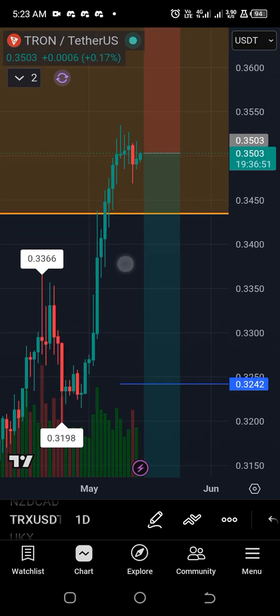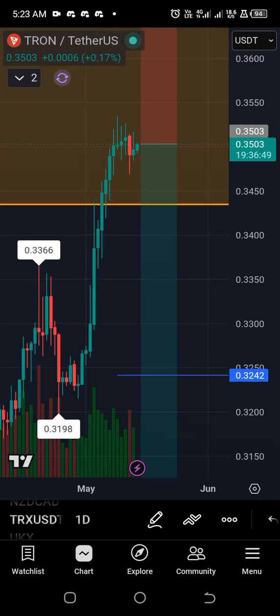And following this rally in price, I can see a fair value gap here in between this point and this point. There's a space there to show imbalance of price. I'm not sure if I can see any more, but I have that to show the FVG, the fair value gap there.